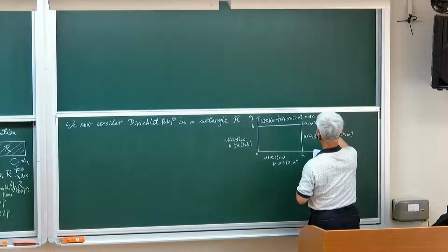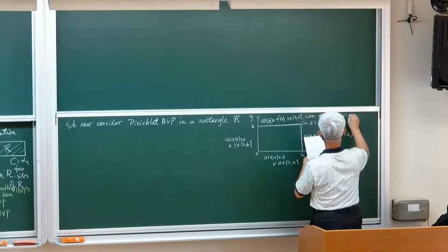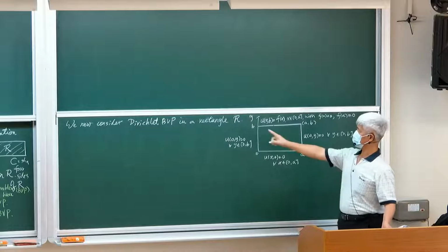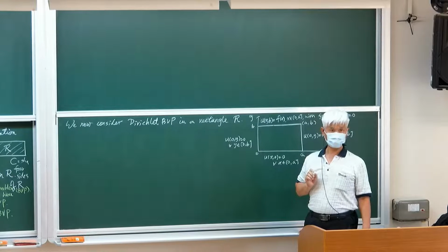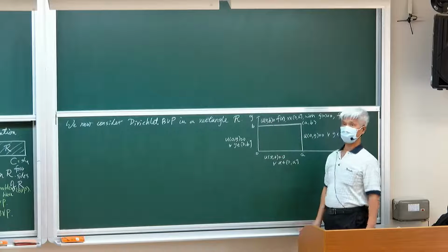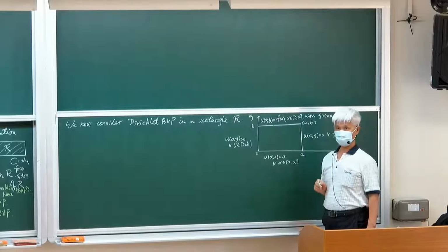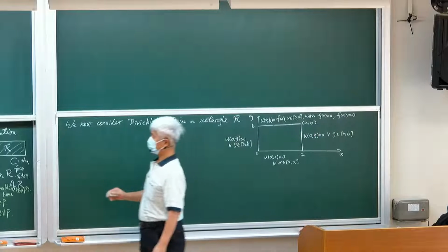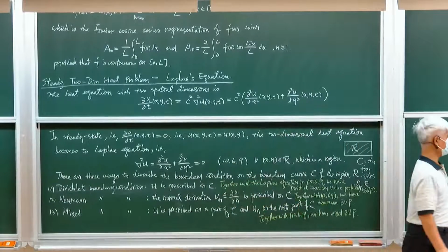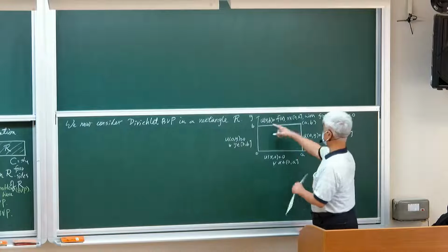So we know f(0) is equal to 0, and f(a) is also equal to 0. So this is the restricted boundary value problem, because we prescribe the boundary values of u itself. So this is clearly the Dirichlet boundary value problem, and we have the Dirichlet boundary conditions here.